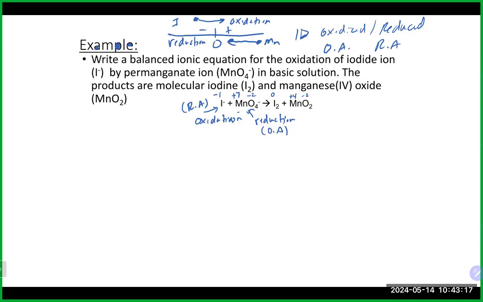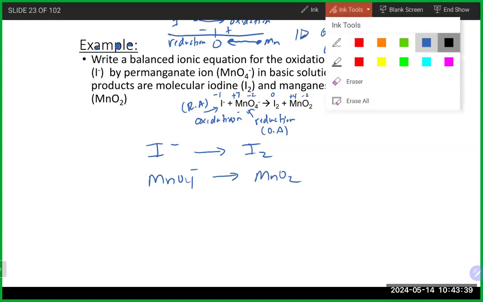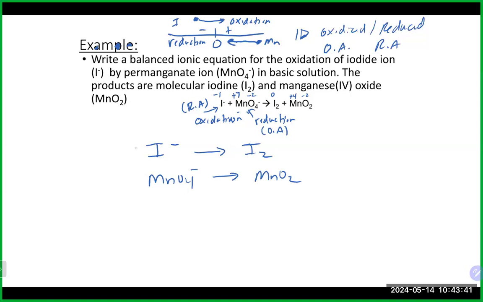All right, now that we understand what's happening, we're going to get into splitting this off into the half reactions. Just going to basically take the elements that are the same. So we got a couple of I's and Mn in the next one here. At this point, we do want to balance everything other than oxygen and hydrogen. And it does look in this case, we do need a 2 there for our I to balance it out.